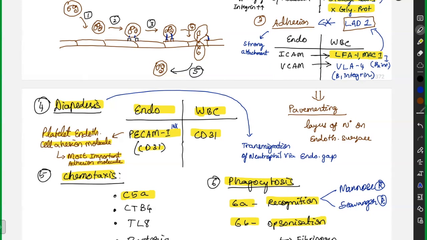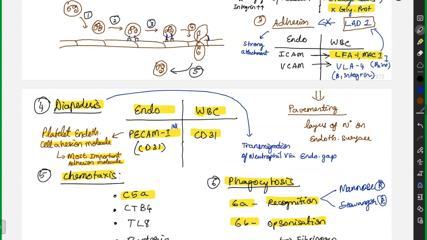By adhering to the PECAM1 present in the endothelium, the CD31 that is present in your WBC, they join together and migrate out. PECAM is the platelet endothelial cell adhesion molecule, the most important adhesion molecule that helps in crossing the lumen.